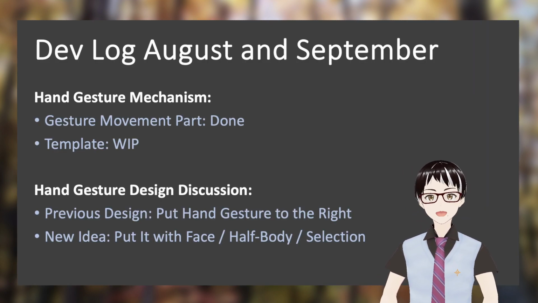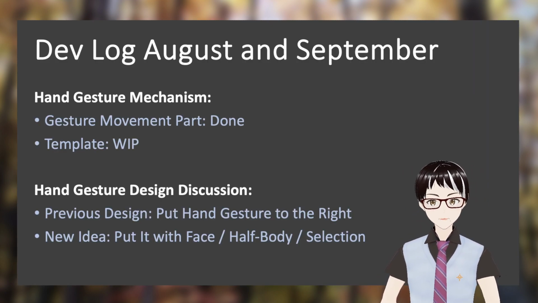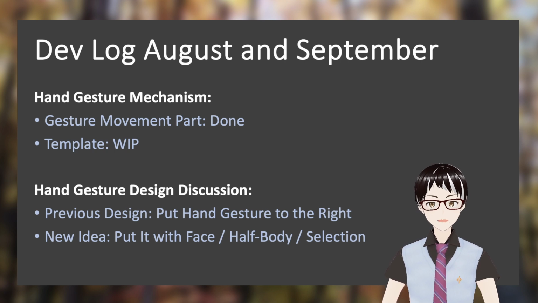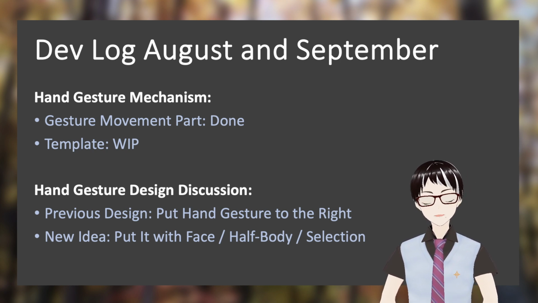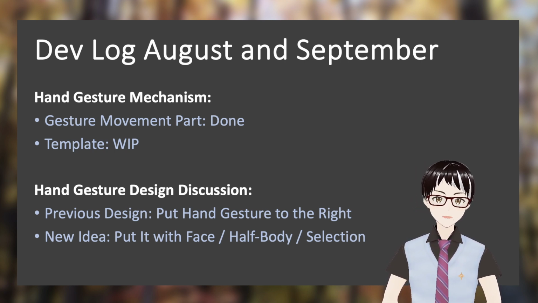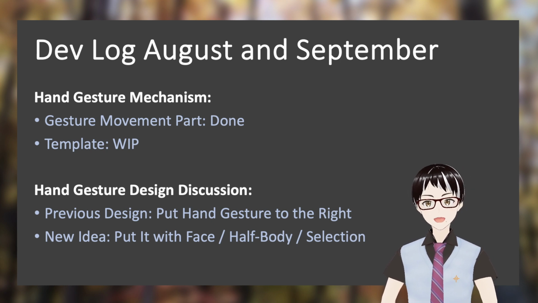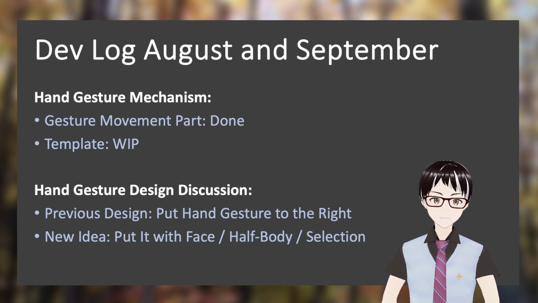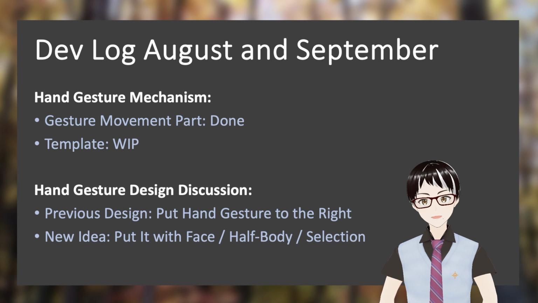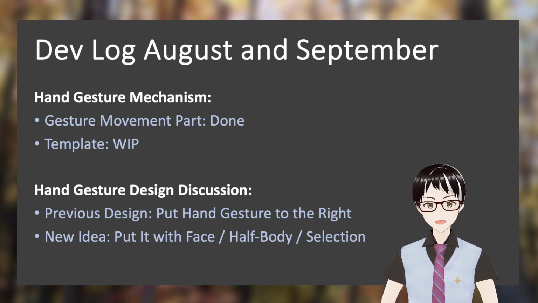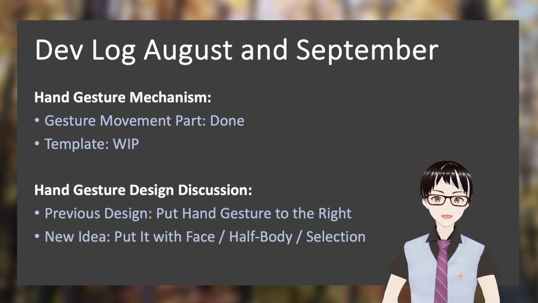The development item that we mentioned we were going to build is the hand gesture system. It's a system where you will not need to make the gesture by yourself, and you will just need to select different hand gesture icons, and the model will be able to make that gesture for you.